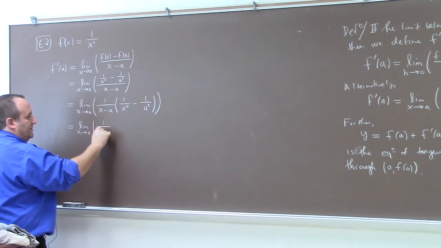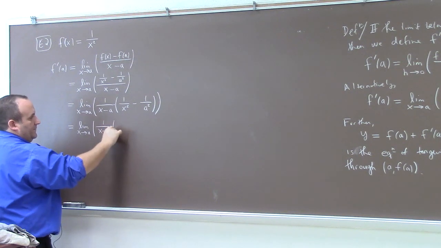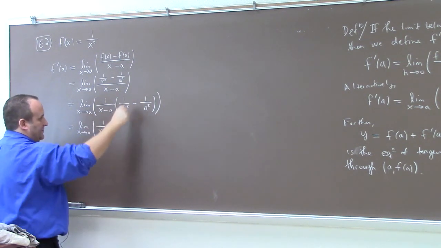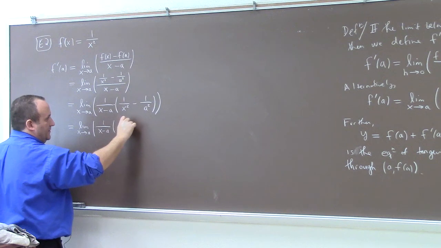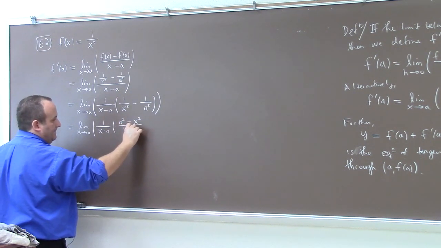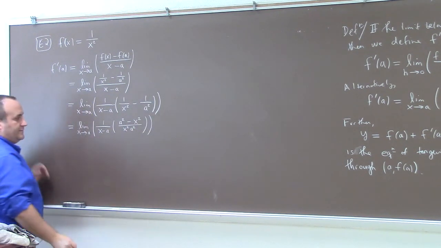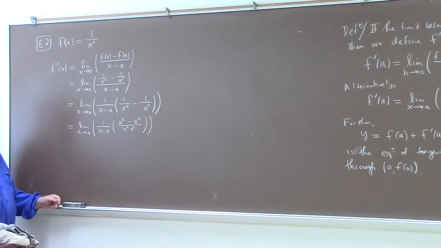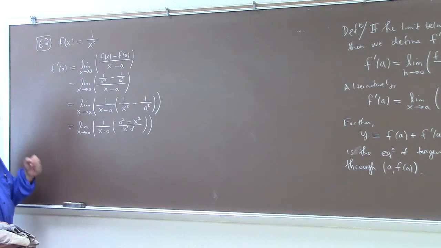So, okay, I want to make a common denominator here, so I just basically cross multiply. I've got a squared minus x squared over x squared a squared. So can you factor anything here? The way these work, you will always be able to factor out an x minus a for the problems that we actually calculate this way.